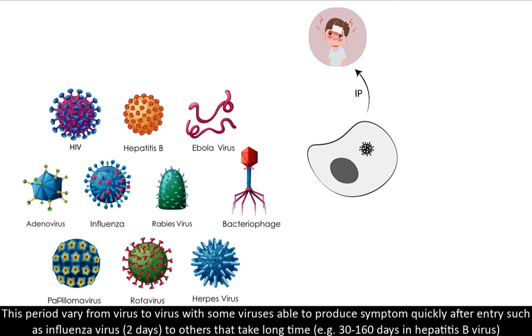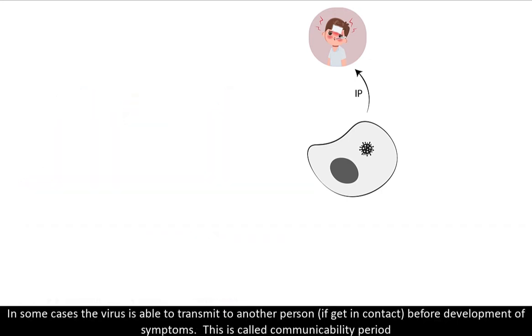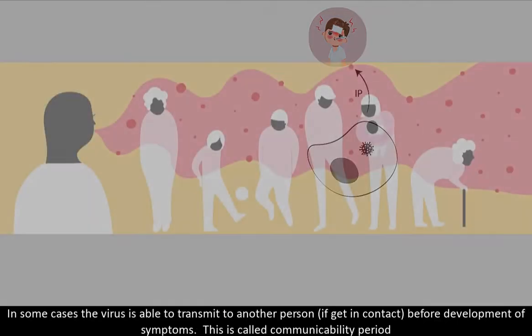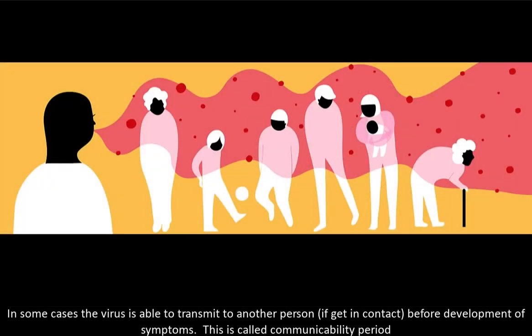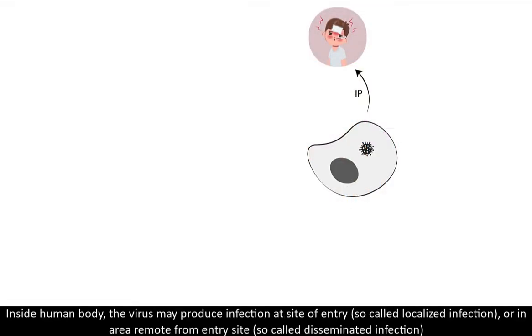For example, hepatitis B virus takes from 30 to 160 days for symptoms to appear. In some cases, the virus is able to transmit to another person when two people get in contact before development of symptoms in the first person. This is called the communicability period.